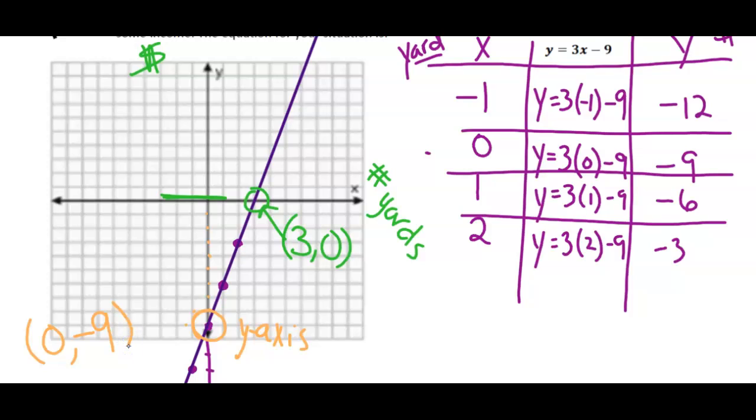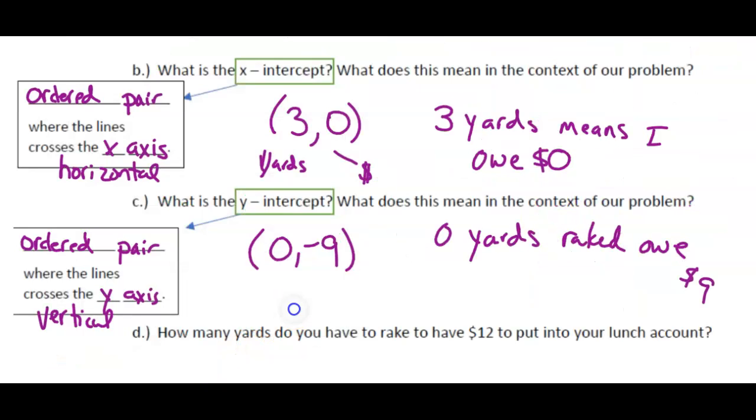Okay, so 0, -9. So what does that mean? 0, -9 means that when I have done 0 yards, I owe $9, right? Because it's a -9. So at the time that I had done 0 yards, I owed $9, and we knew that, okay?